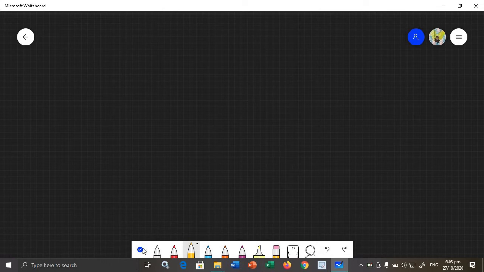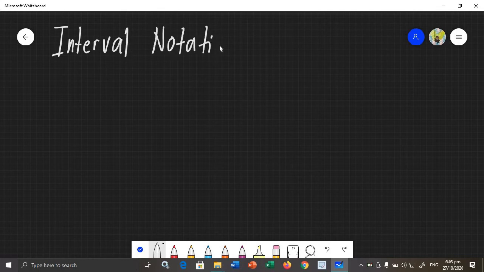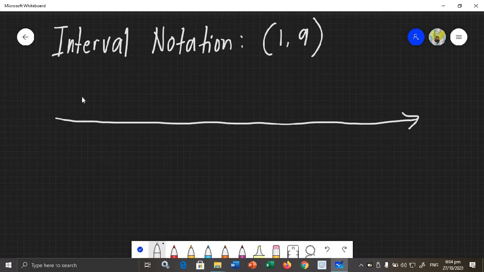Tapos, we're going to graph the interval notation. So, halimbawa, the interval notation given is 1 and then 9. So, as you can see, ginamit ko parehong parentheses. Therefore, if I am going to plot this interval notation in a number line, I'm not going to write all the values, okay?